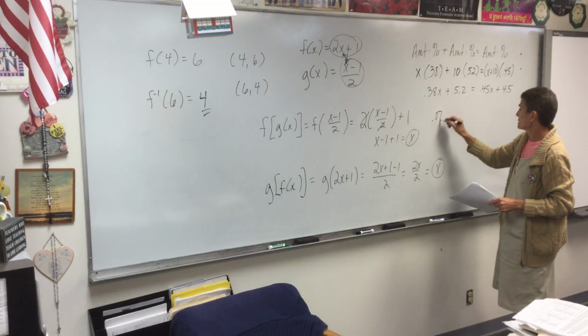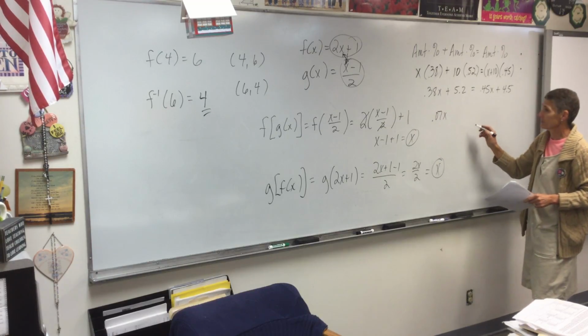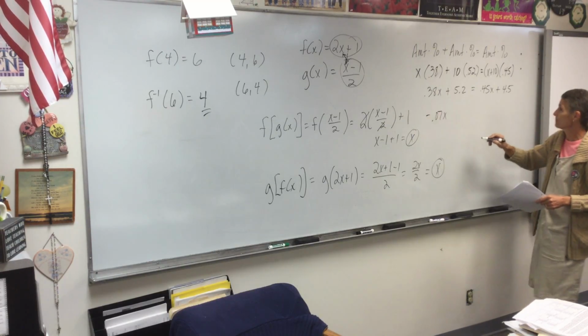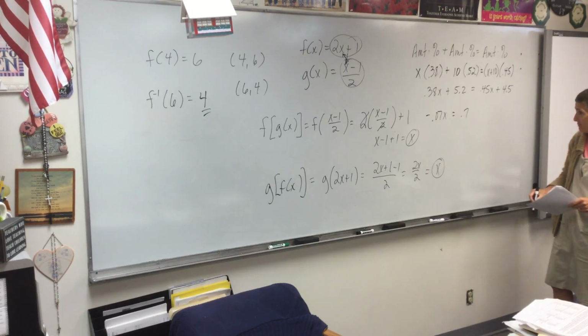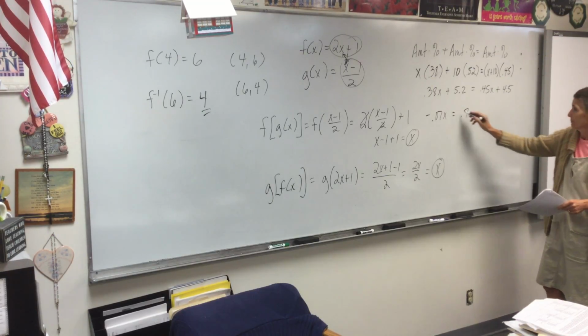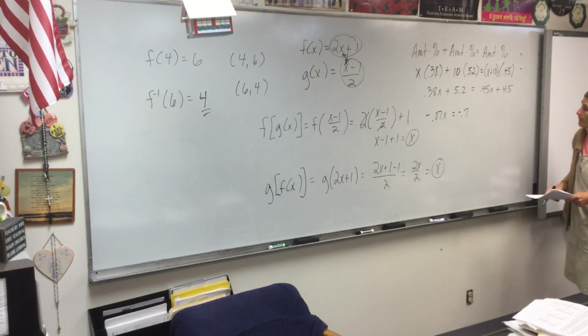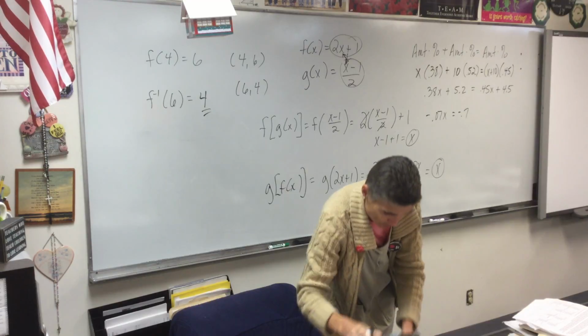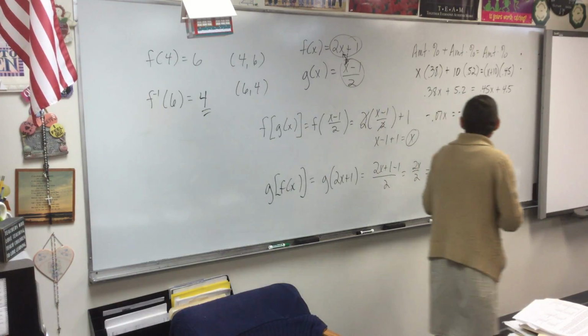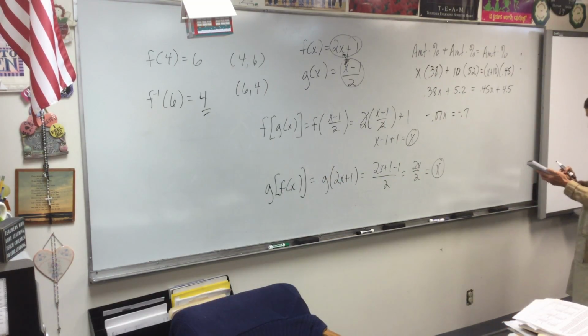So 0.07X, I probably should be using a calculator here, equals negative 0.7. I am not trusting my arithmetic.